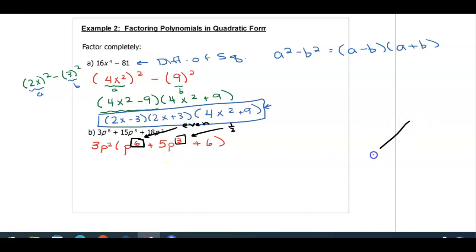So in this case, we can still think about the fact that we want two numbers that multiply to a times c. In this case, a is 1, c is 6. So we want two numbers that multiply to 6, but those two numbers also have to add to b, which is 5.